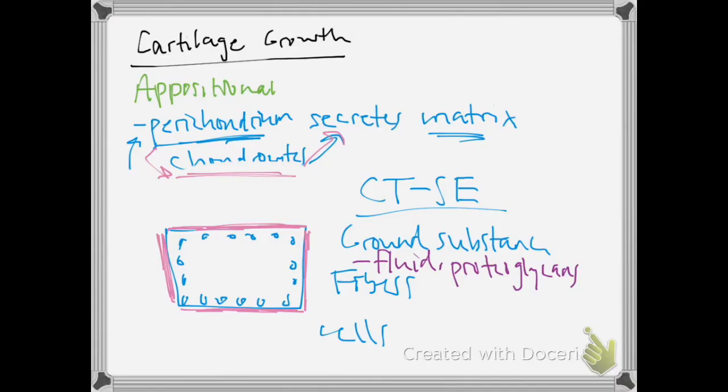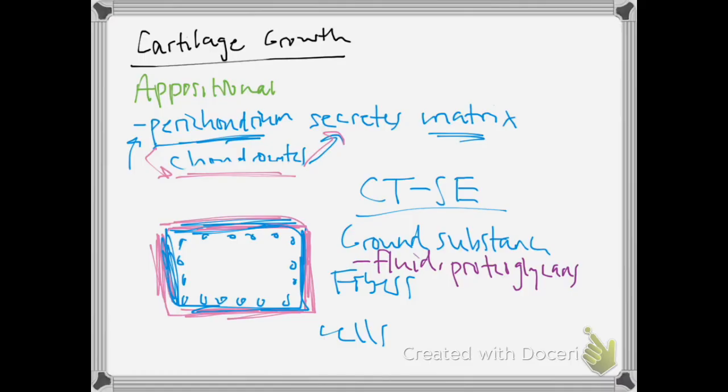And what is this matrix? It's this ground substance and these fibers, and then this will differentiate into cartilage. So we'll grow our cartilage out a little bit, and then our perichondrium will be pushed farther out.